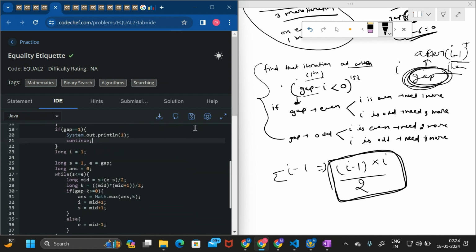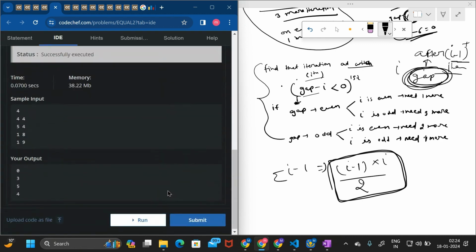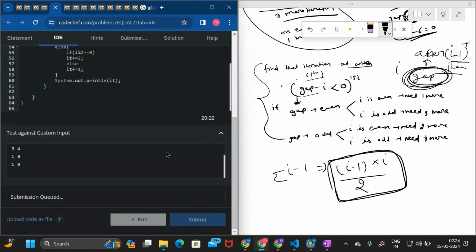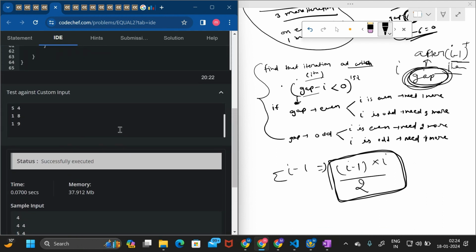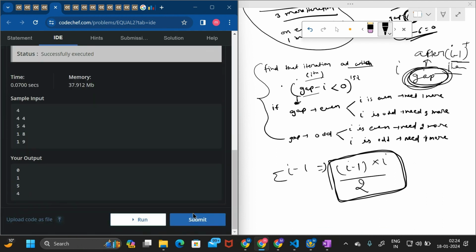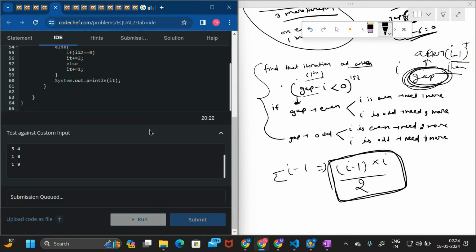Continue. Okay, now let's run. 0154. This is accepted output. Now let's submit this code.